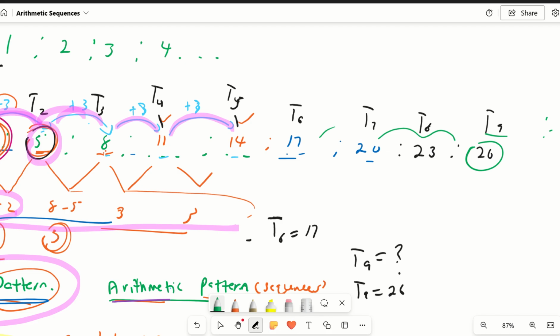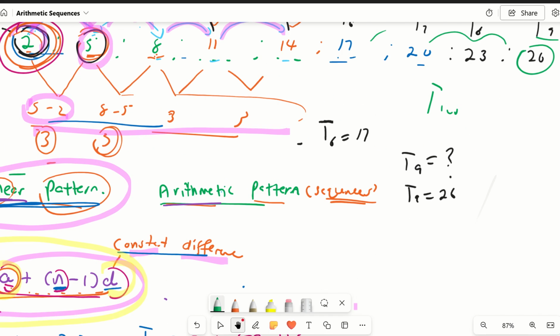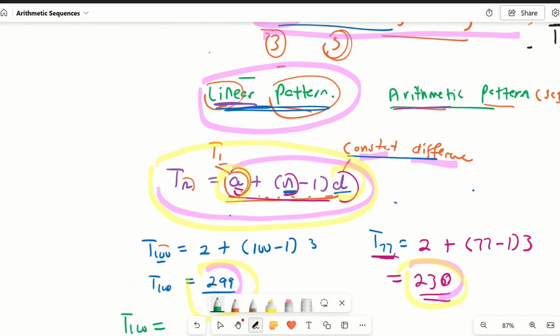But now if they ask you to find T100, going T10, 11, 12 and so on until 100 is time consuming. So the mathematicians worked out this shortcut, and you know how to apply it.